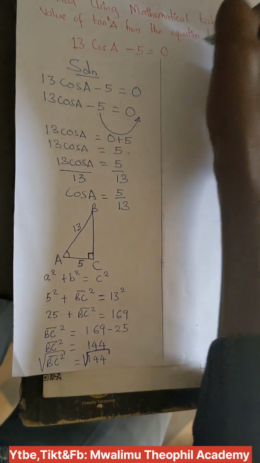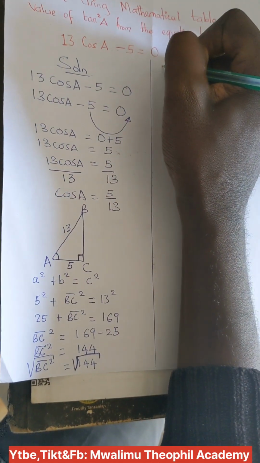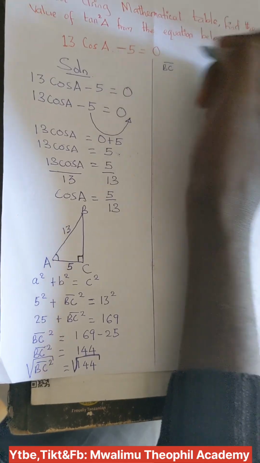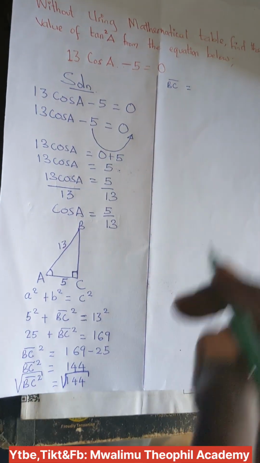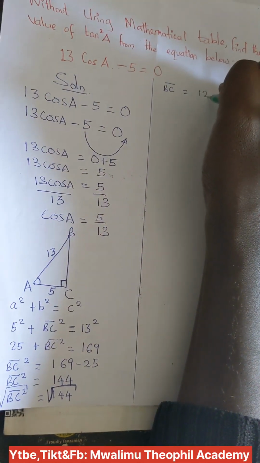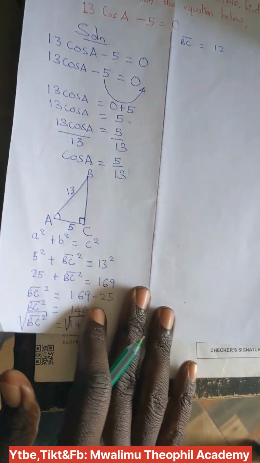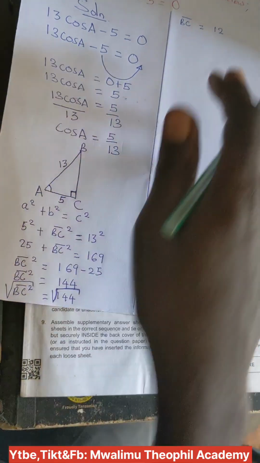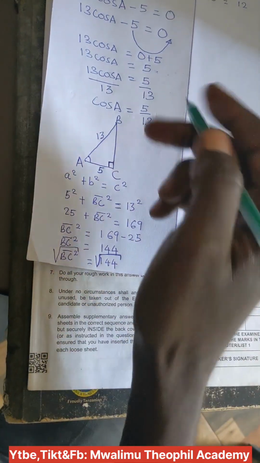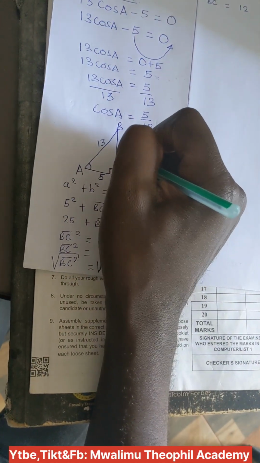The square root of BC square is equal to BC. Now BC is equal to the square root of 144, which is 12. So now we have already obtained side length BC, which is equal to 12.